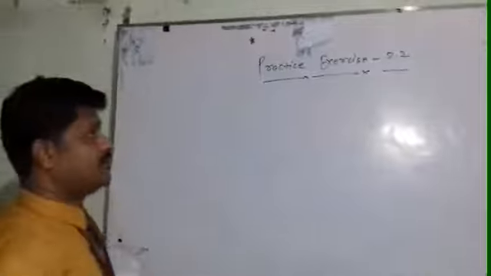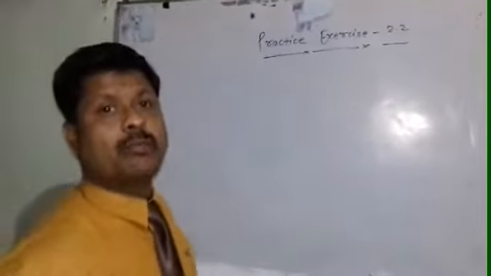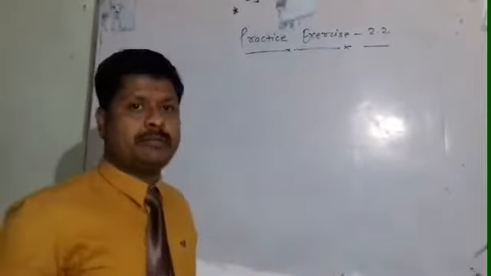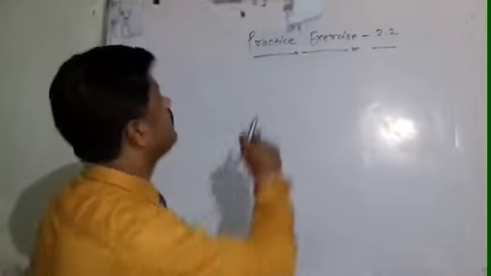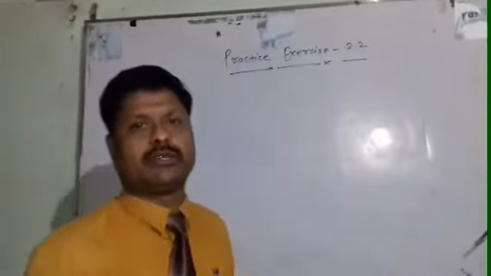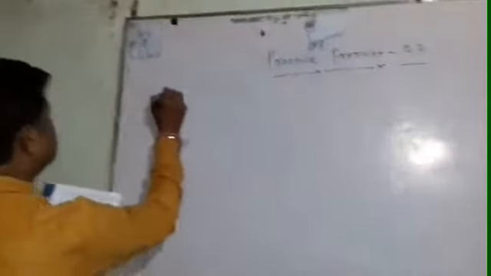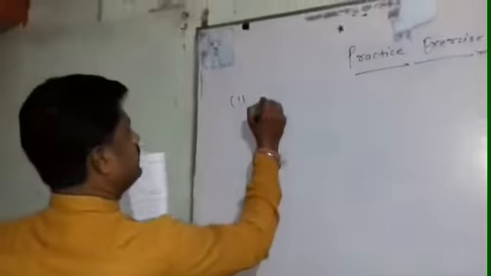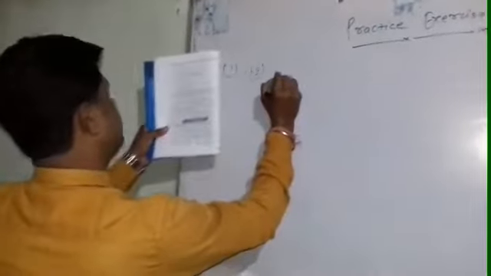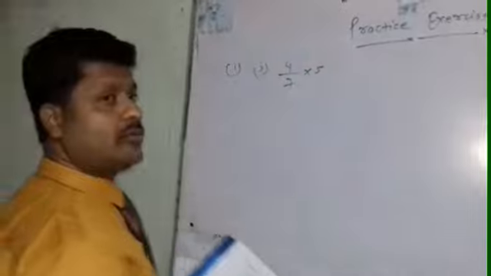Firstly, take a copy and a pen, and when I solve the questions, you also solve them one by one. The first question is: multiply the following and express their products in the lowest terms. That means question number one: 4 by 7 into 5. You have to solve it.